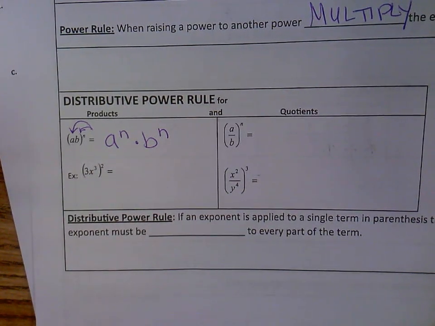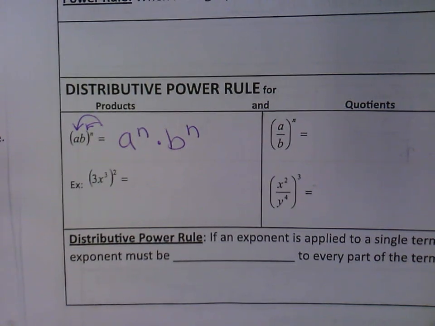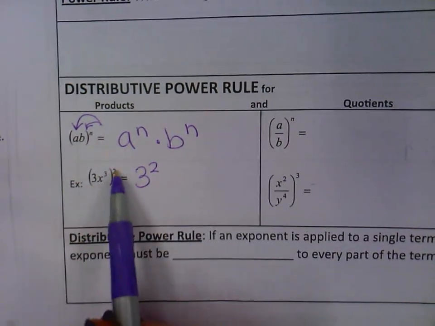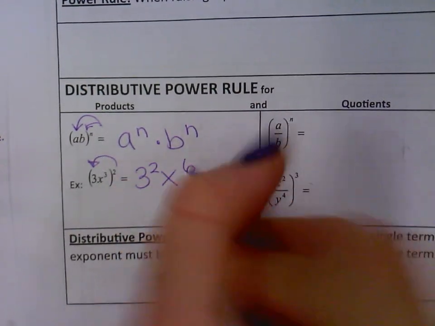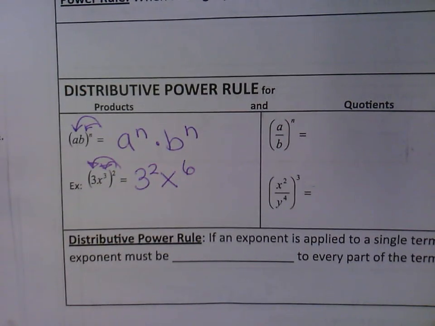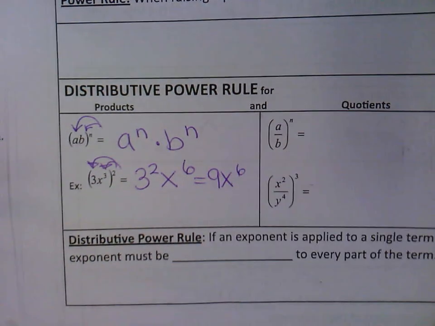So everybody inside gets the power. Same thing on the next one. I would get 3 squared because the 3 gets the exponent, and I would have x to the 6th because the x cubed also gets the exponent, better known as 9x to the 6th.